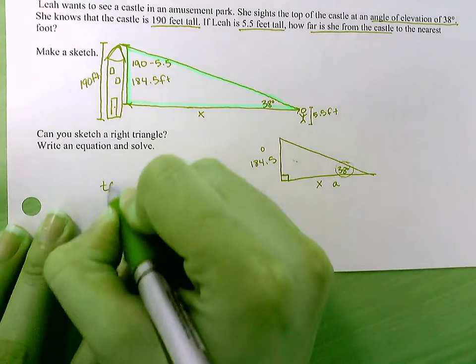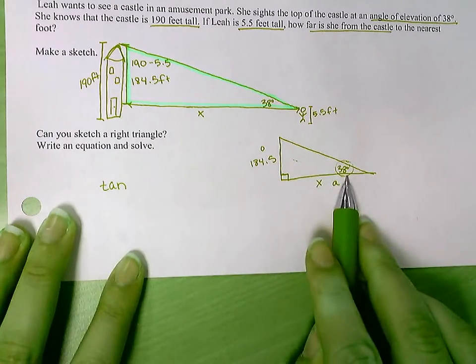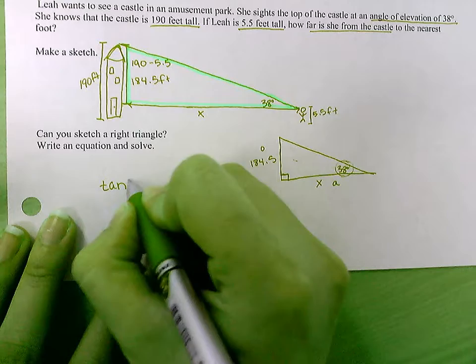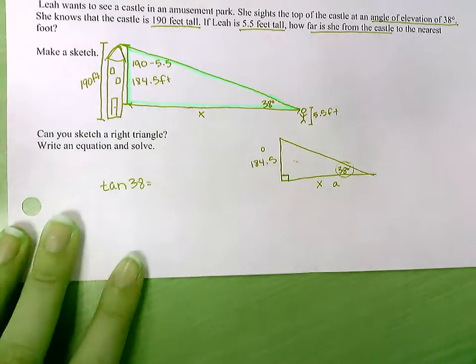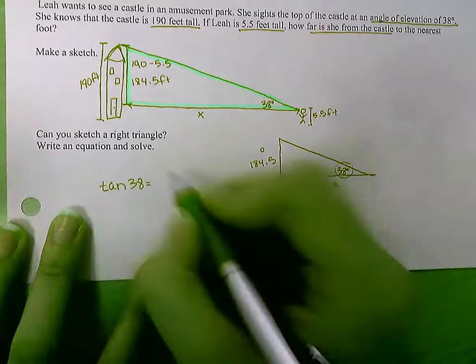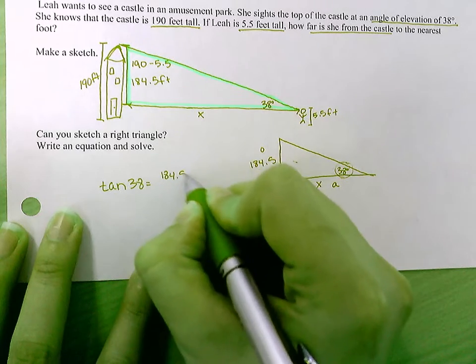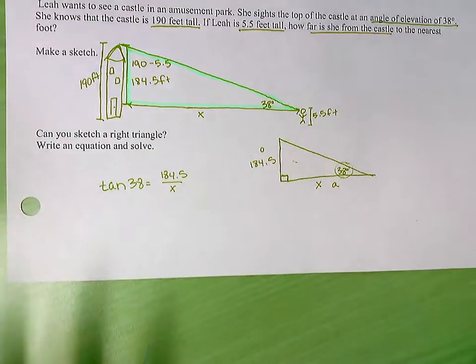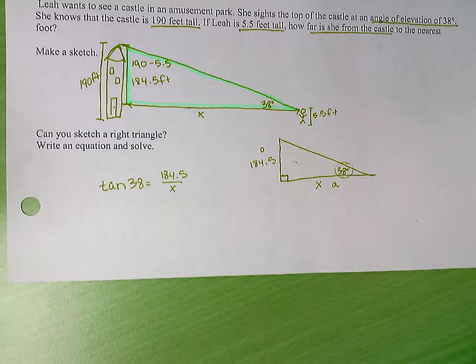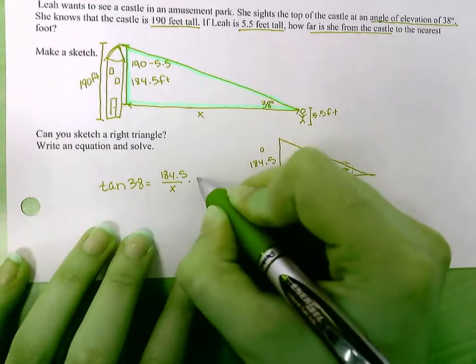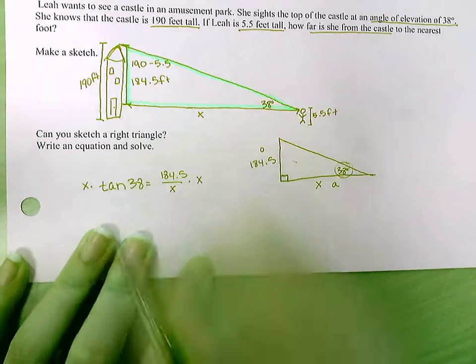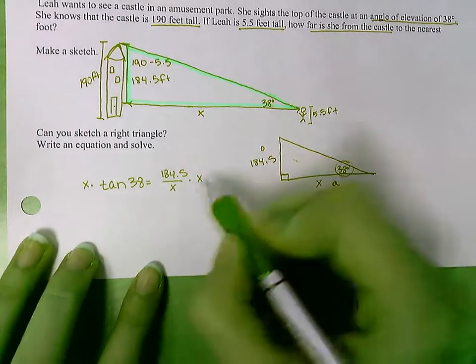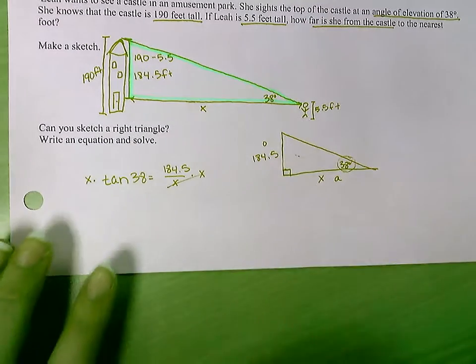Okay, so I have tangent of the angle I went from, which is 38. That's equal to the opposite side, 184.5, over our adjacent side, X. Then solving this, we want to multiply both sides by whatever's in the denominator so that it cancels out on the right-hand side.